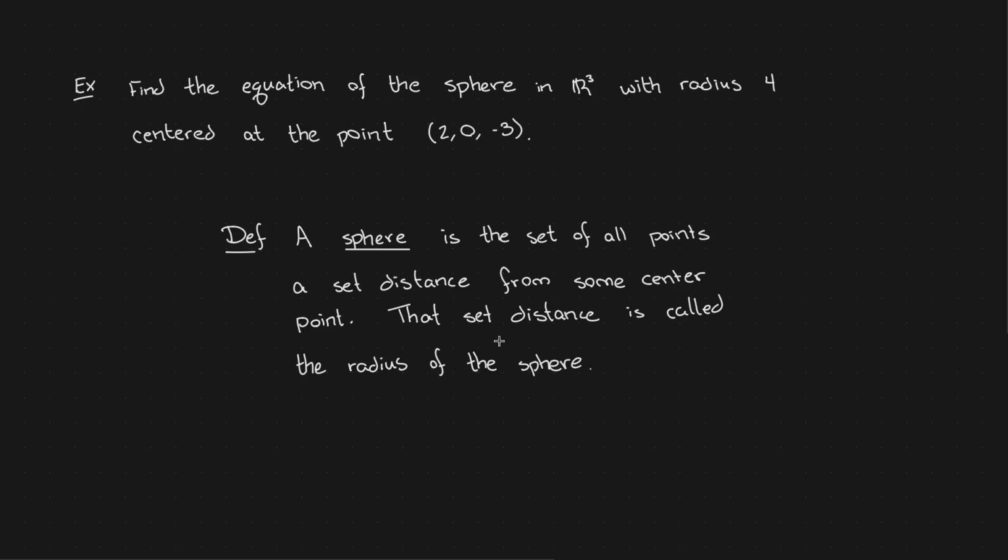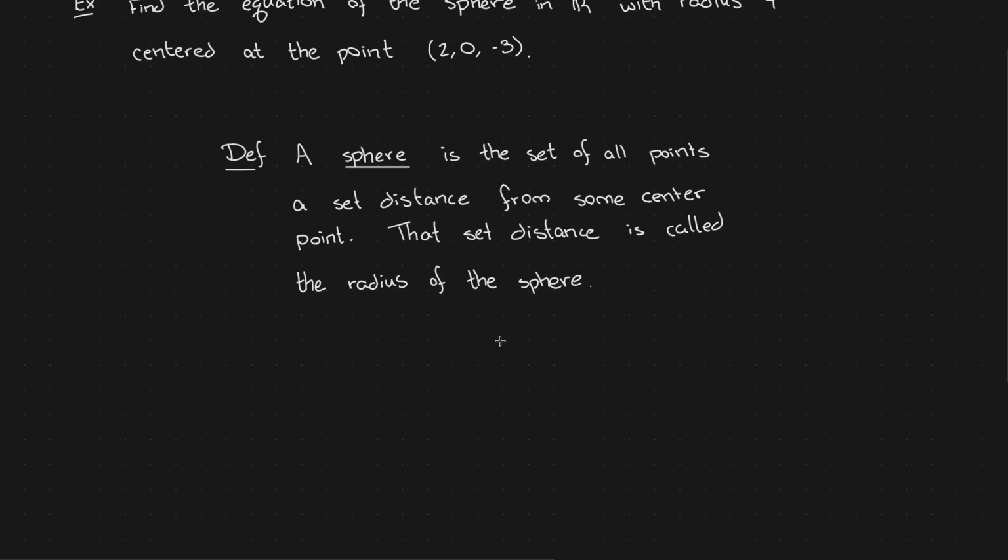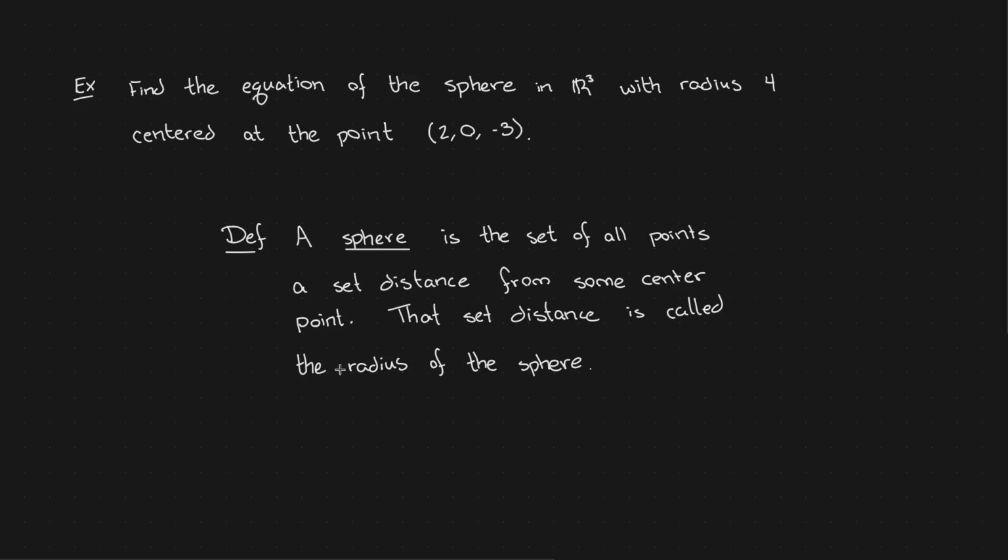Okay, so we want the set of all points x, y, z that are 4 units from this point.